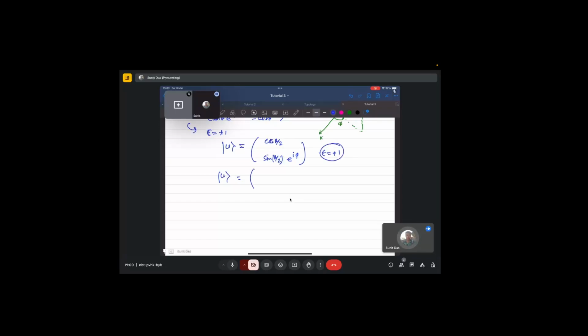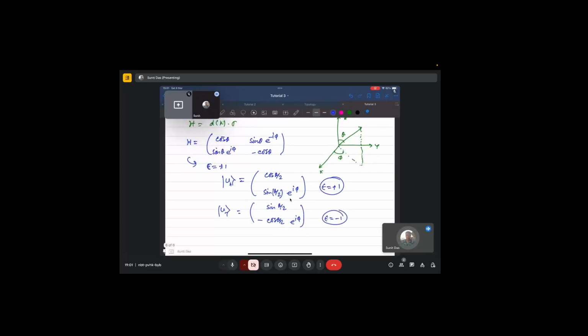For negative energy states it will be reversed: sin theta by 2, minus cos theta by 2 e to the power i phi. Okay, so this is for the energy -1, and these are for this Hamiltonian.